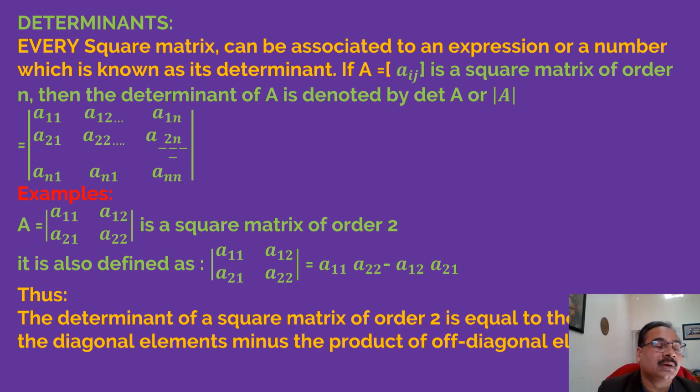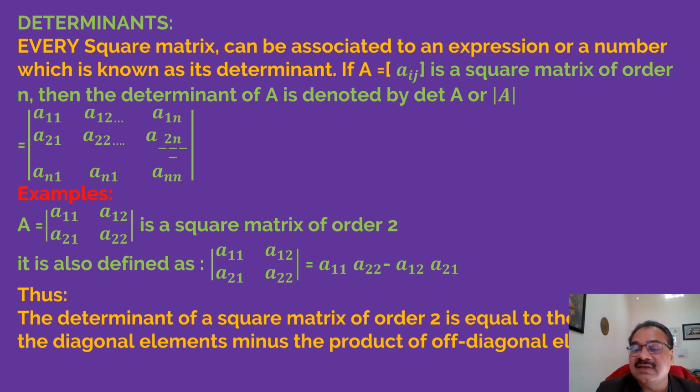Basically, this was the conceptual definition for order 1 and order 2. But if you are asked to write the definition of the determinant, how should you write it? You should write: every square matrix can be associated with an expression or a number which is known as its determinant.